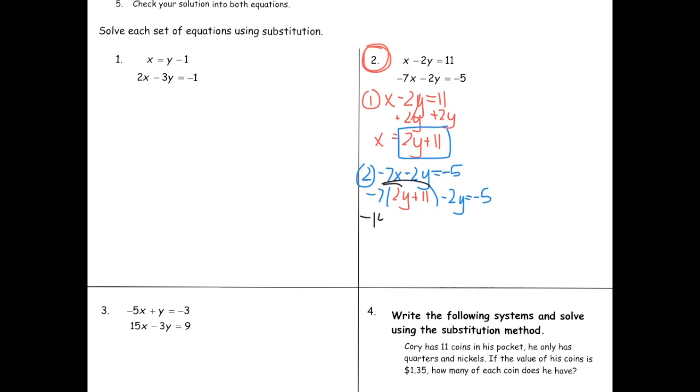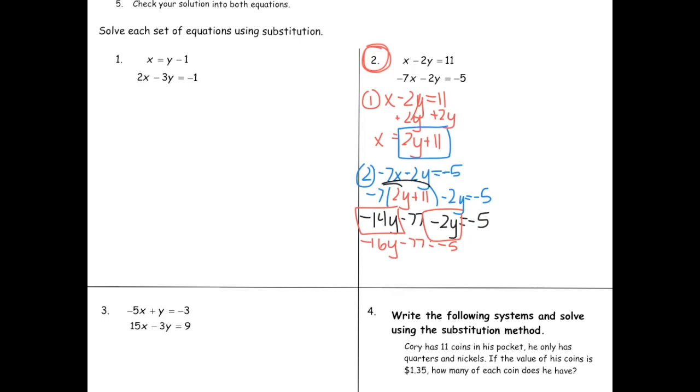We have negative 14y minus 77 minus 2y is equal to negative 5. All right, now combine your like terms. So we have negative 16y minus 77 is equal to negative 5.